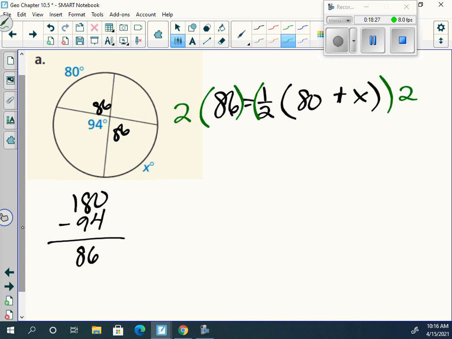Because 2 times 1/2 is 1. Over here we would have 1. Here, the 2 times 1/2 would become 1, so I'm left with 80 plus x. So multiplying by 2 is a nice way to simplify that 1/2, especially if I just have x by itself.